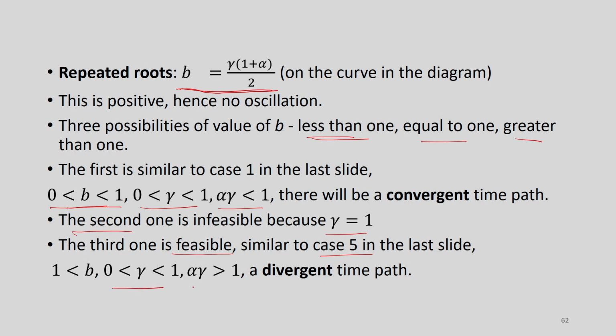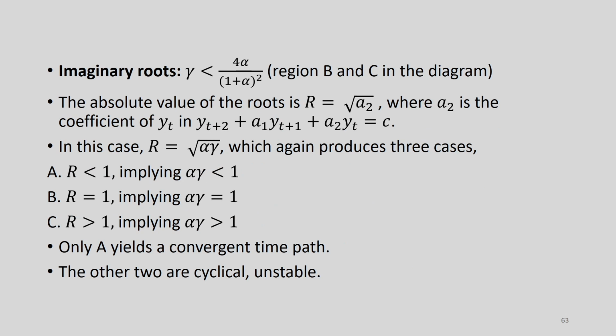In this case alpha multiplied by gamma is strictly greater than 1, and that is a divergent time path. Now, notice one pattern: whether we are going to have convergence or divergence is reflected in what is happening to alpha multiplied by gamma. If alpha multiplied by gamma is less than 1, it is convergence, and if it is greater than 1, there is divergence.